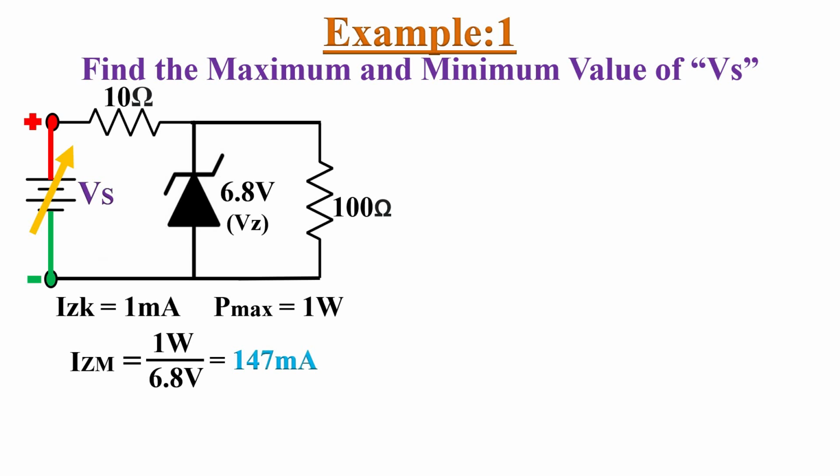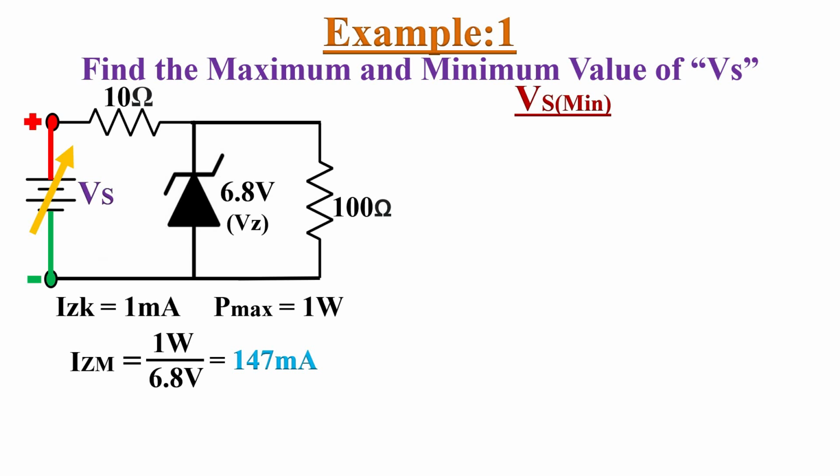That gives 147 milliamperes of maximum Zener current. So this Zener diode requires at least 1 milliampere but not more than 147 milliamperes of current to be considered operating in regulation mode. First we will find the minimum input voltage requirement.